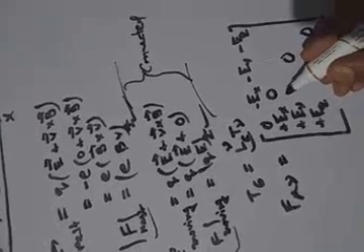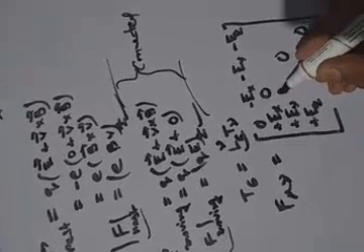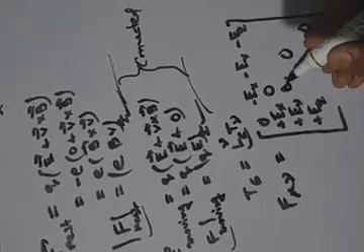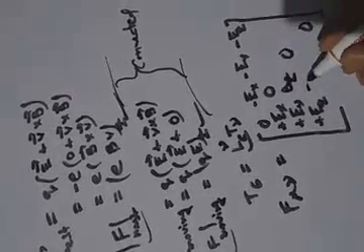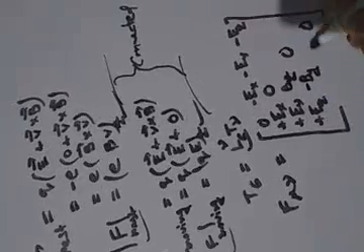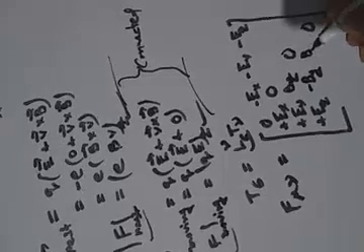Okay, here will be Bx, By, Bz. Here will be minus Bz, and here will be Bx.